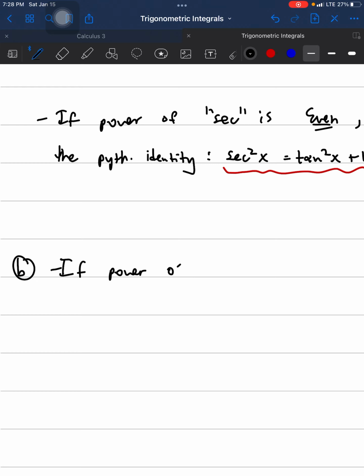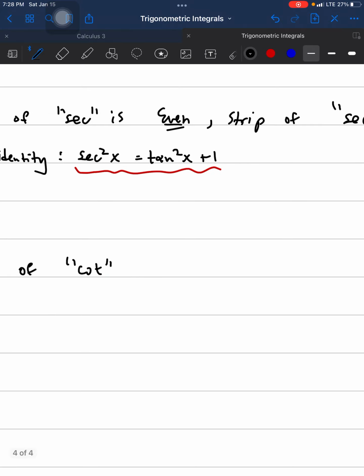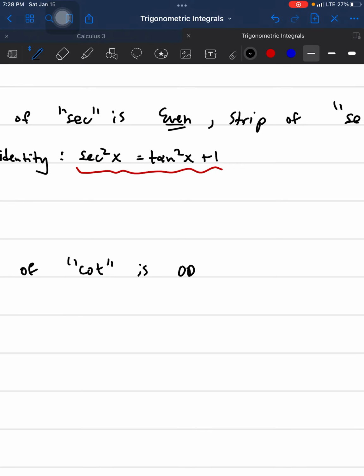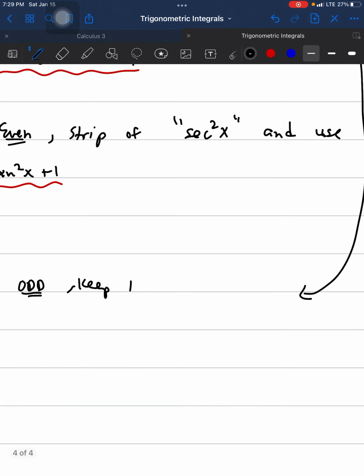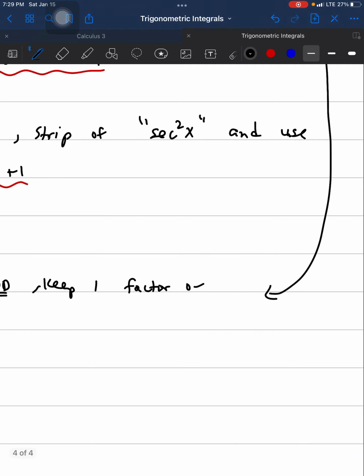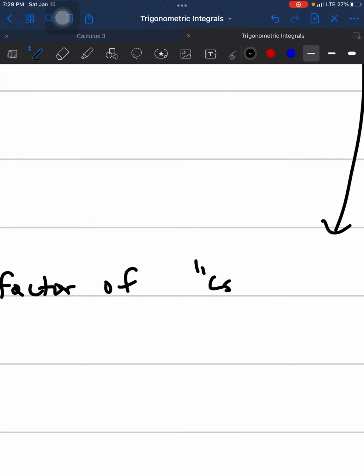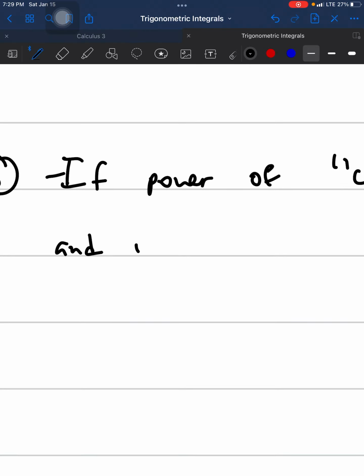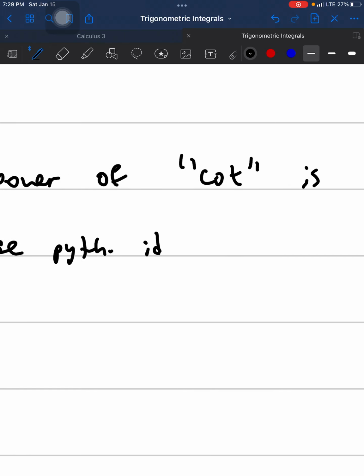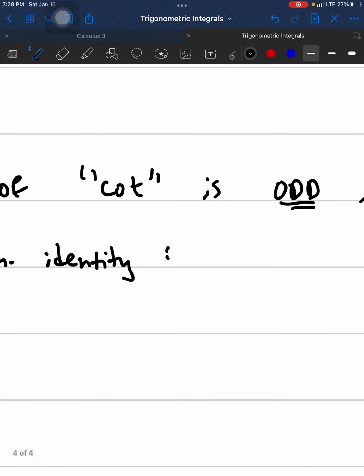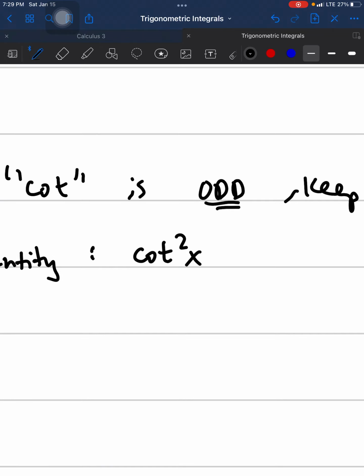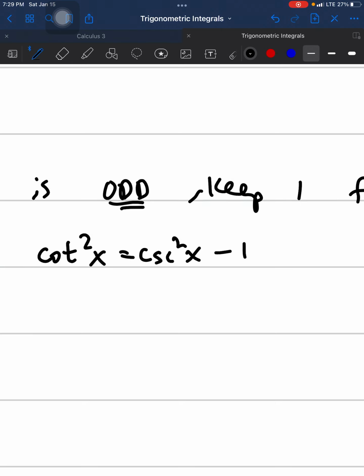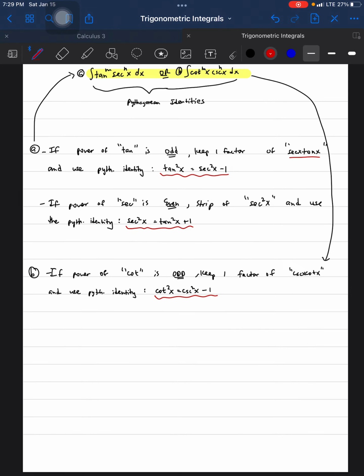So for case B, if the power of cotangent is odd, we keep one factor of cosecant x, cotangent x, and use the Pythagorean identity cotangent squared x is equal to cosecant squared x minus 1.